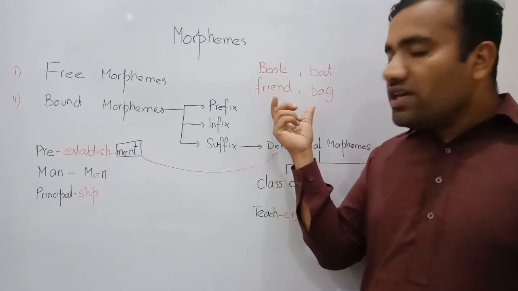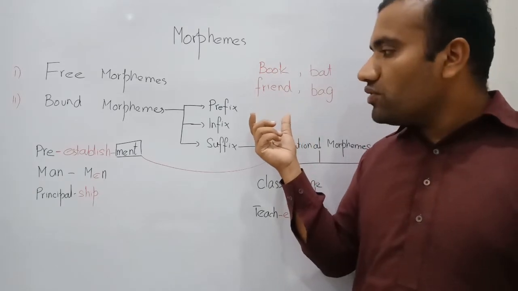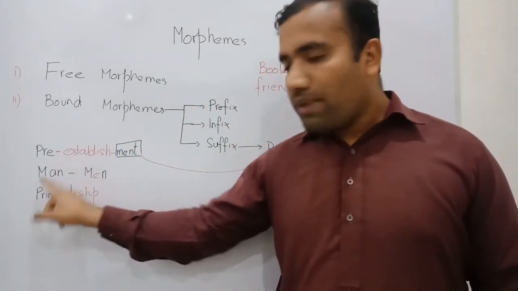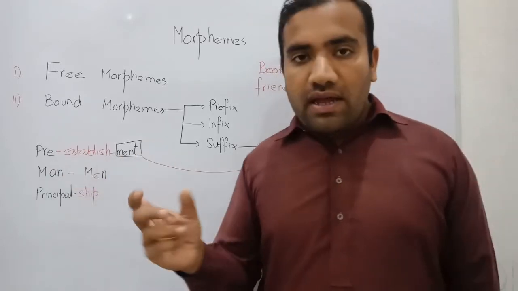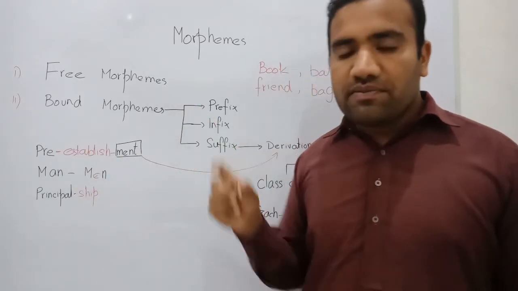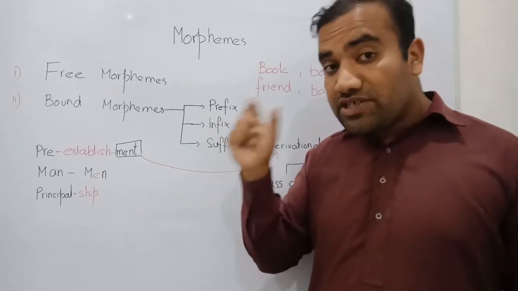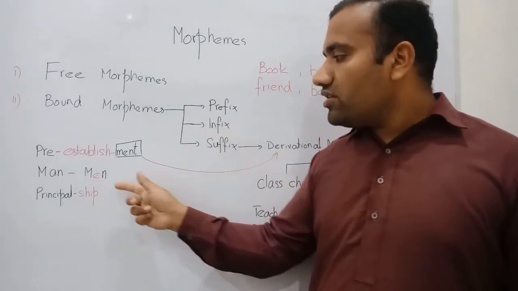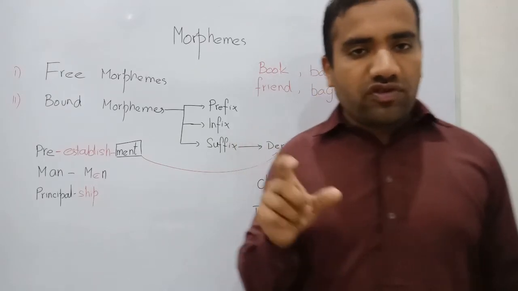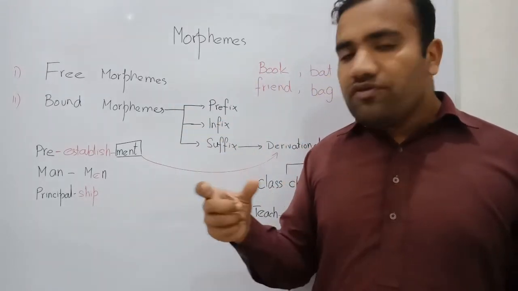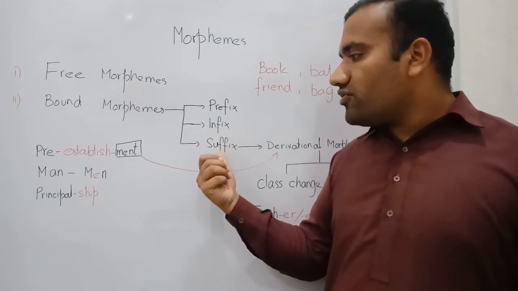And if we want to insert within the word, we can say man, men. And within the morpheme, we insert the inflectional morpheme. And this process is called infixation. And if we insert at the ending position of the free morpheme, this is called suffixation.